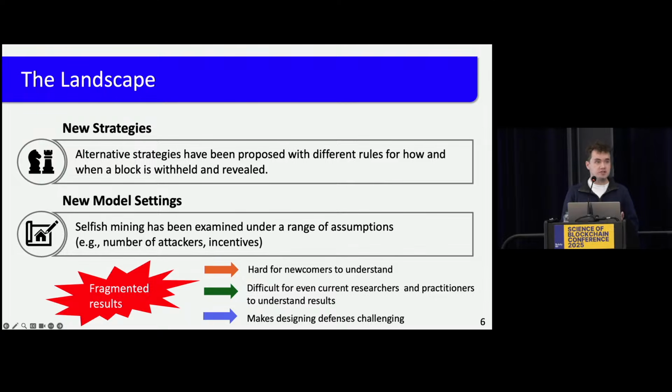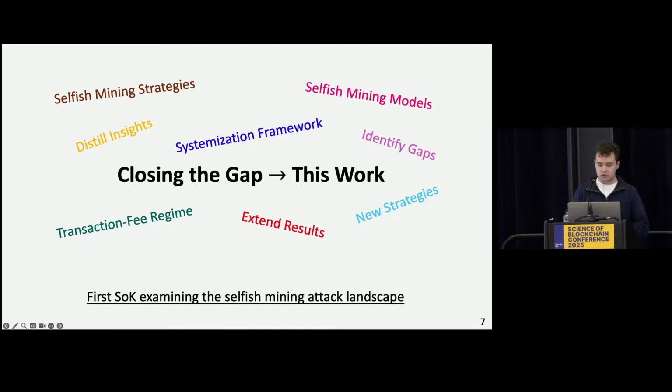And this fragmentation presents a pretty clear challenge. Not only is holistic knowledge of selfish mining attacks necessary to use these observations in other blockchain security modeling and analysis, but also to build effective defenses. So demystifying this fragmented landscape was a central motivation behind our work.